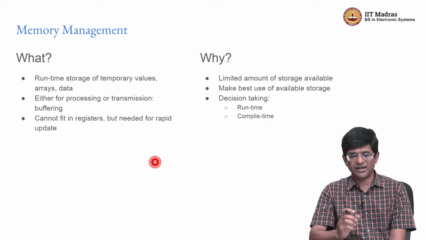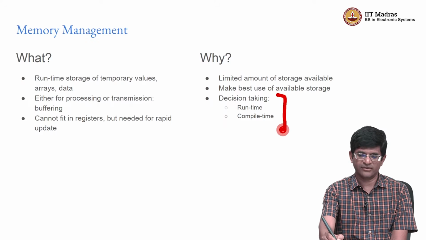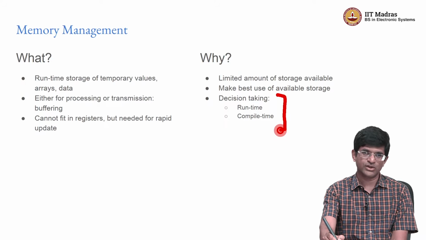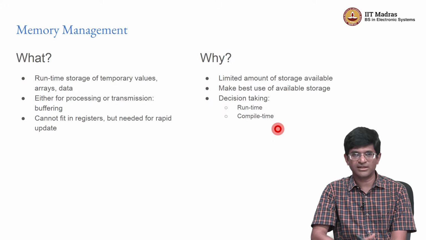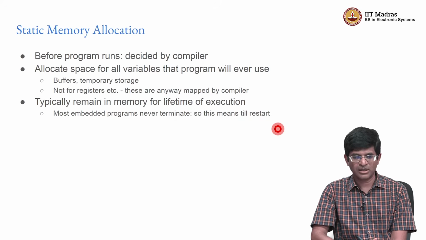And here we have something to consider, which is that the decision on how to store the data, where to store the data, and what data to store can be done in two ways. Either you do it at runtime as and when the program is running, or you do it at compile time, ahead of actually deploying the system. What are the benefits and drawbacks of these approaches?